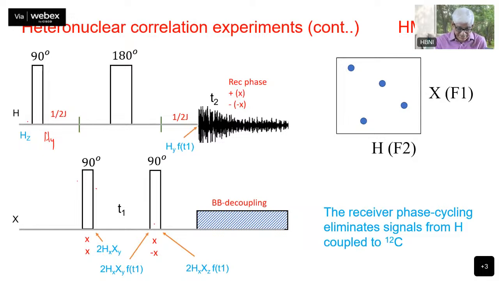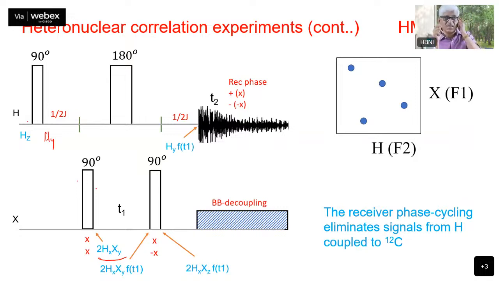Okay. Now, during the next t1 period, what happens? This is the multiple quantum coherence. Remember this. Earlier, we had described this. This product operator represents the sum of double quantum and zero quantum coherences. And this will now evolve under the chemical shift. What chemical shift will it evolve? In principle, it should evolve as a double quantum coherence. Right?